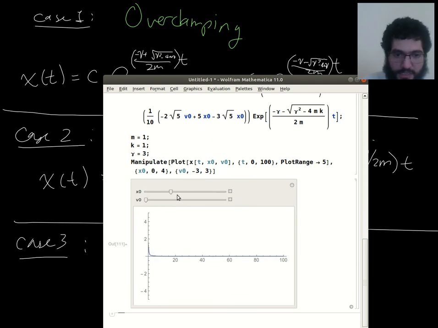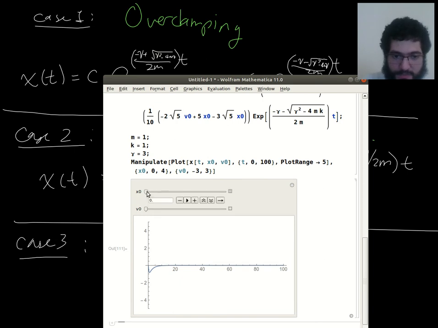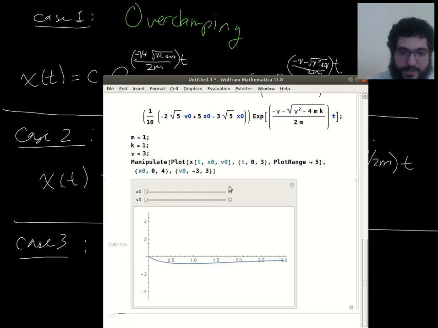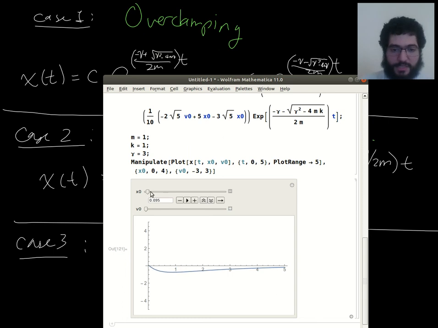So as I change x naught, this is kind of the expected behavior. Let me not run this out for time 100. Let's run it out to time like 3.5. Okay, so right here is x naught equals 0. And as I change x naught, you see what's changing?